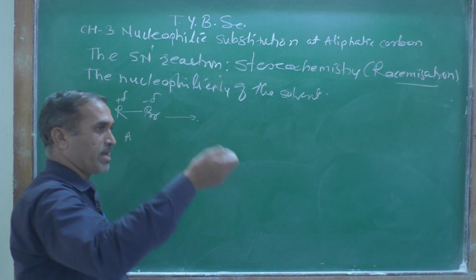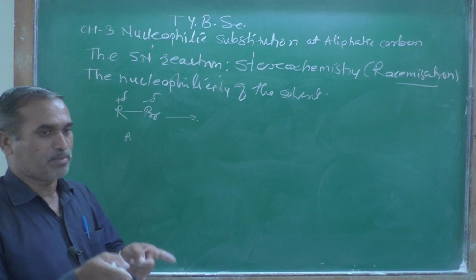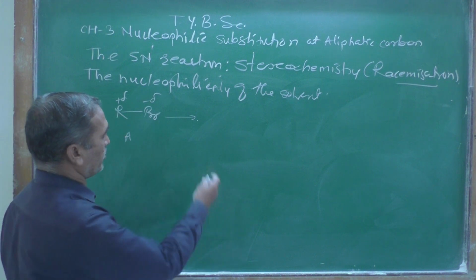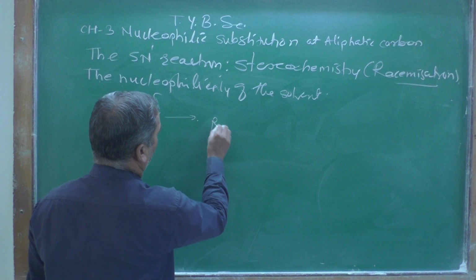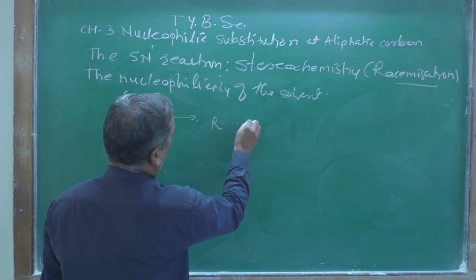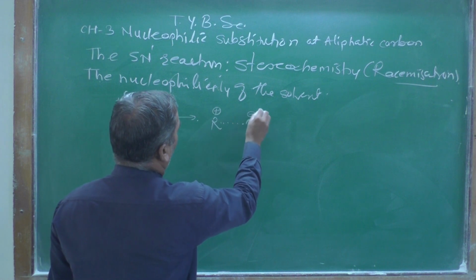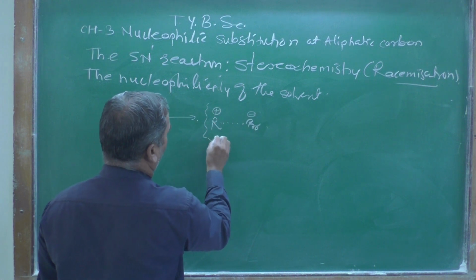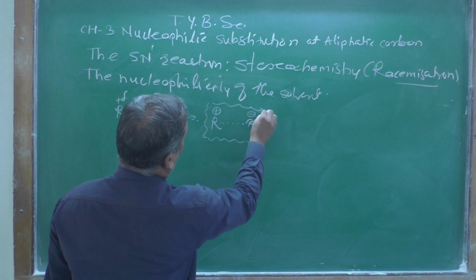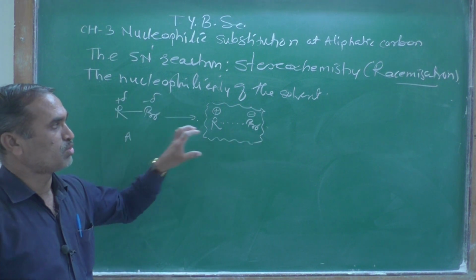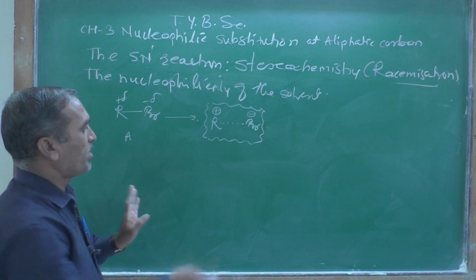Now when we add the solvent, there is a breaking of the bond between carbon and the halide atom. So let us see here, R---Br. Now the positive charge and negative charge, the solvent gets surrounded around these ions. This is known as an intimate ion pair.